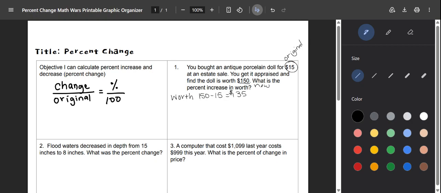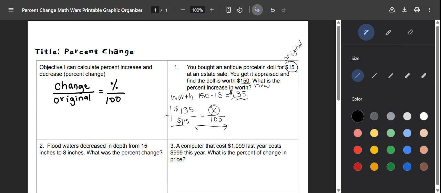So now I can set up my proportion. I'm looking for a percent, so that's x over 100. It changed by $135. How much was it initially? 15. So now I can do the L method. I can go this direction or the other direction, either way. Divide and multiply.